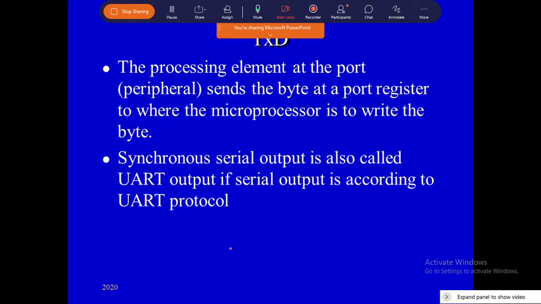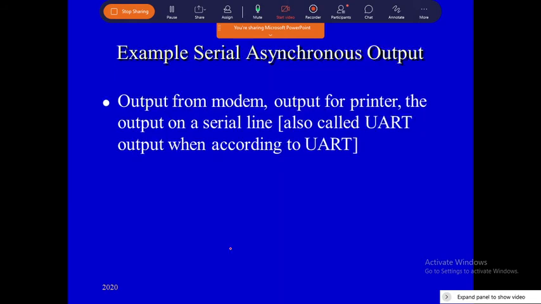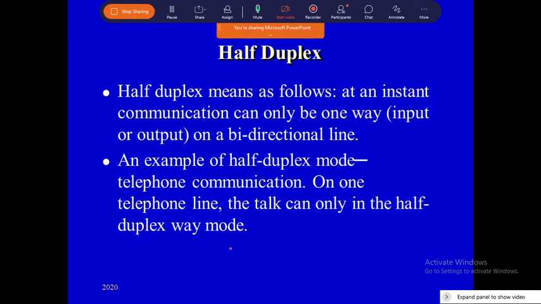The asynchronous serial output is also called a UART output if the serial output is according to the UART protocol. Some examples we'll see: output from a modem, output for a printer, the output on a serial line. These are some of the examples. Next is the half duplex.